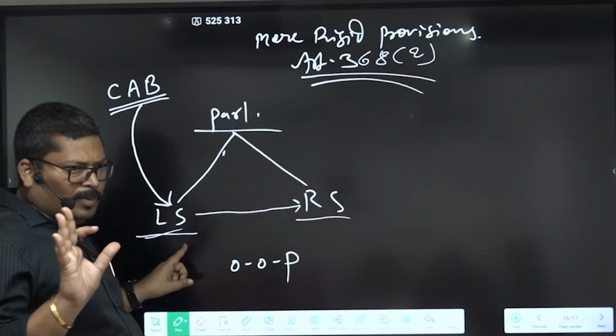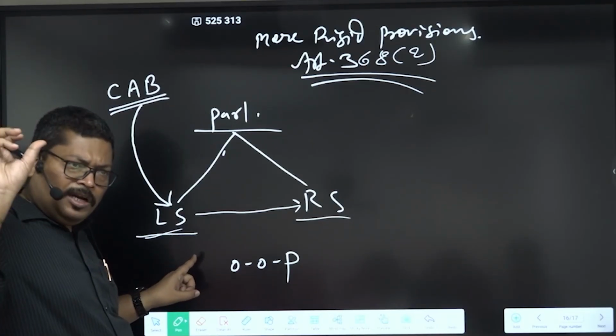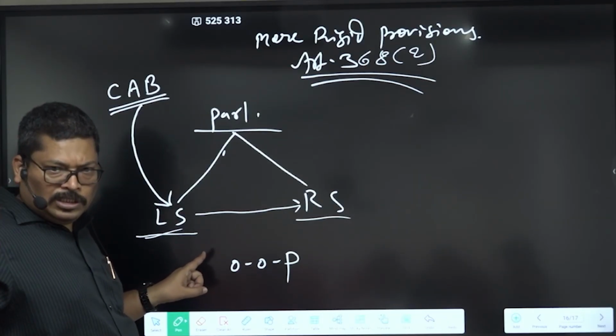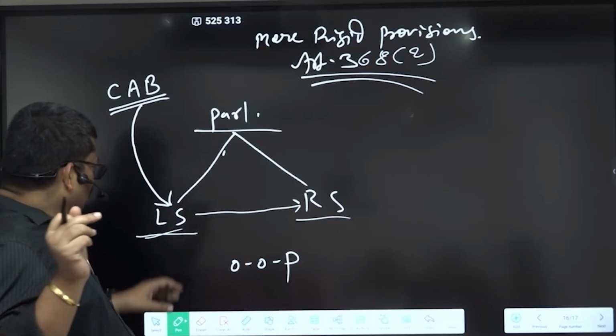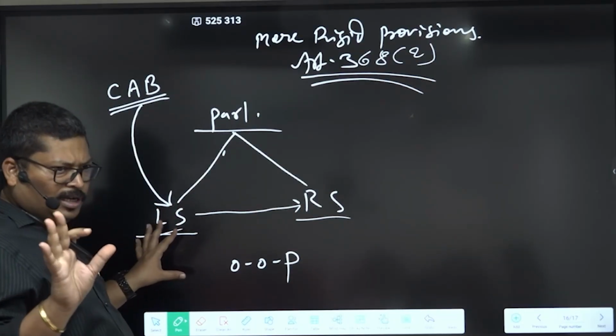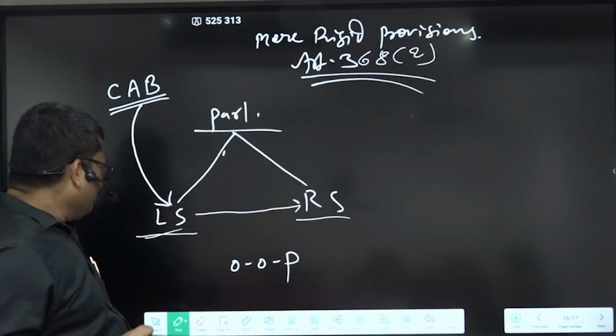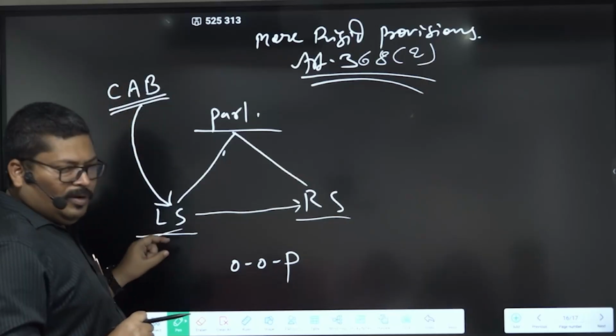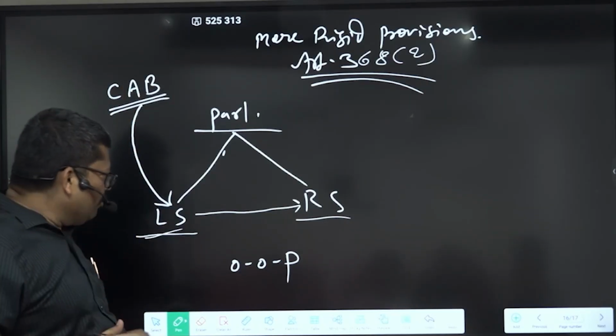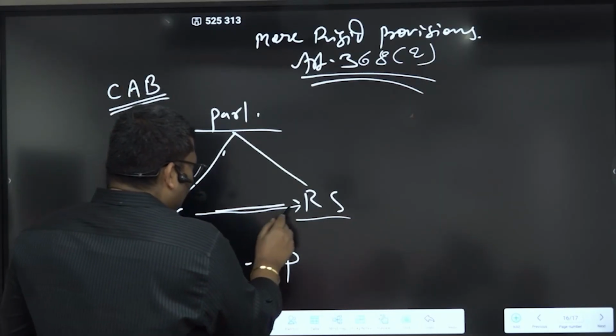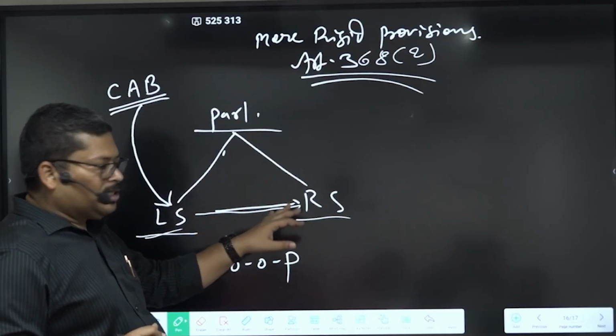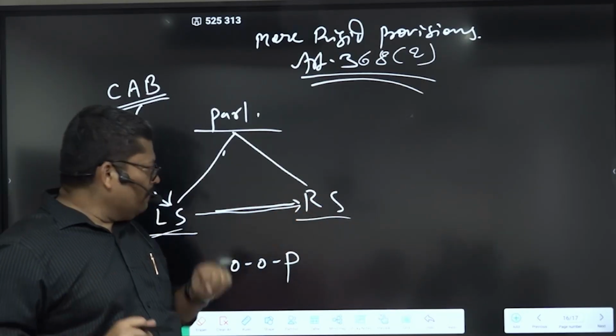The Lok Sabha shall be passing it with the help of a similar kind of majority which you saw just now in the case of less rigid provisions. So the majority given under Article 368, two-third majority. So this amendment bill will be passed in Lok Sabha with the help of two-third majority. Once it is passed, it will go to Rajya Sabha. Rajya Sabha shall also be passing it with the help of similar majority.